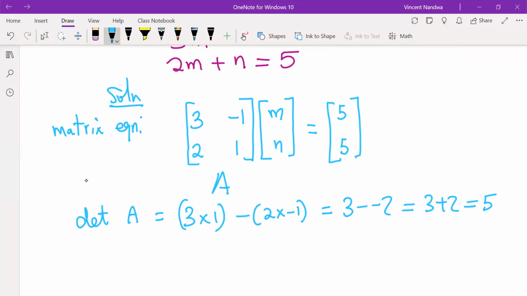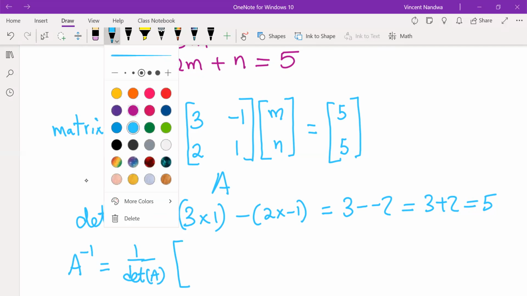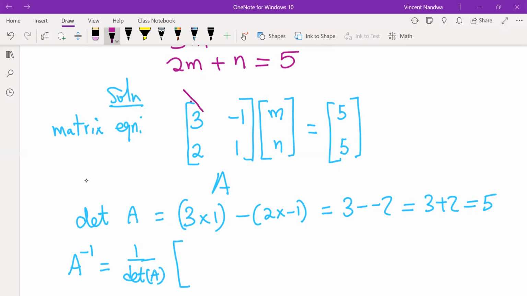Now, the inverse of A, you write 1 over the determinant of A, and then interchange elements along the main diagonal. And what we call the main diagonal is this diagonal.